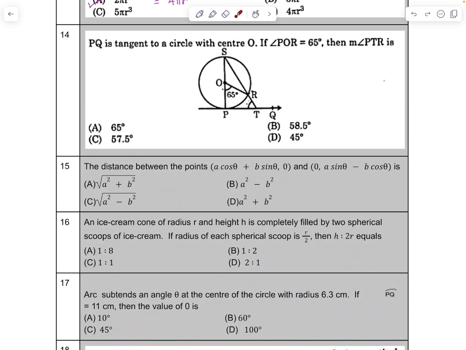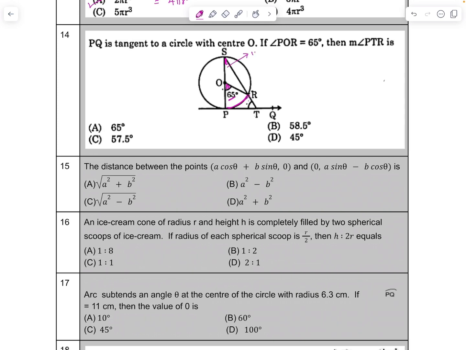Question number 14. PQ is a tangent to a circle with center O. If angle POR is equal to 65 degrees, then the measure of angle PTR is. Let's observe the diagram. The arc PR subtends an angle of 65 degrees at the center. The same arc subtends an angle at the circumference, that is PSR. So there is a relationship between this 65 and PSR.